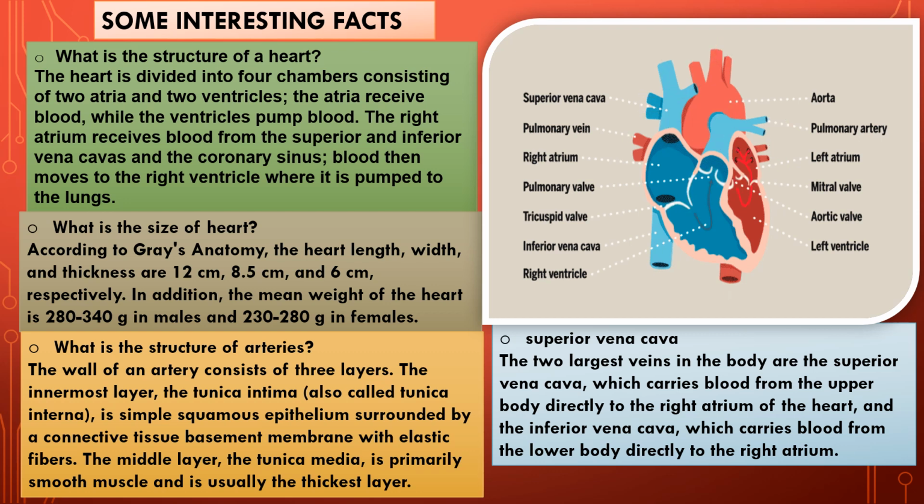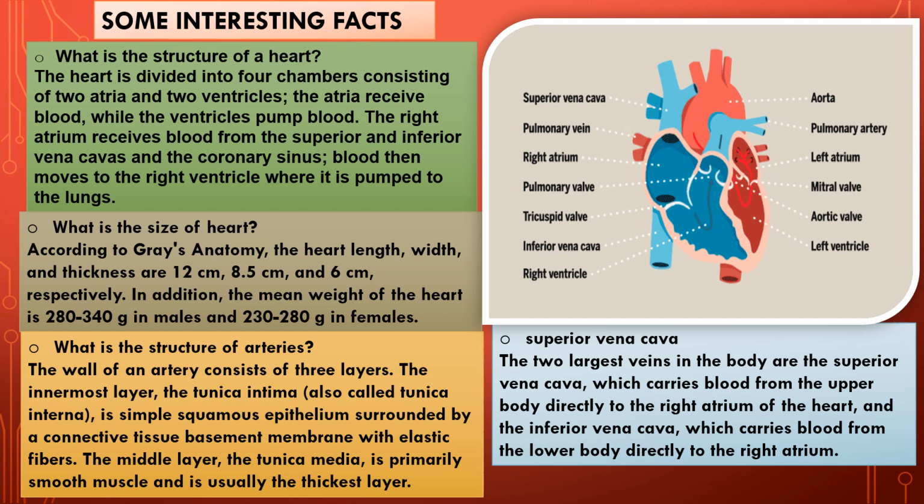Now I am talking about superior vena cava. The two largest veins in the body are the superior vena cava, which carries blood from the upper body directly to the right atrium of the heart, and the inferior vena cava, which carries blood from the lower body directly to the right atrium.